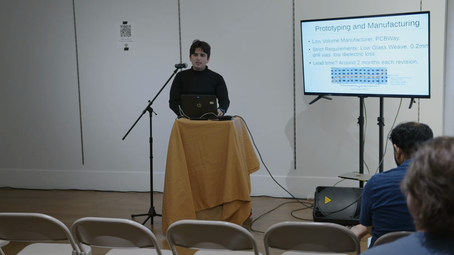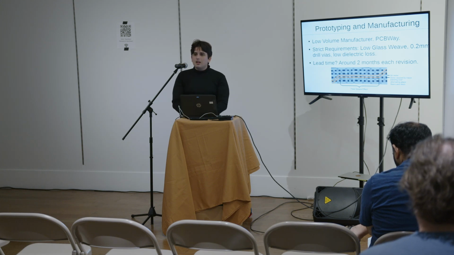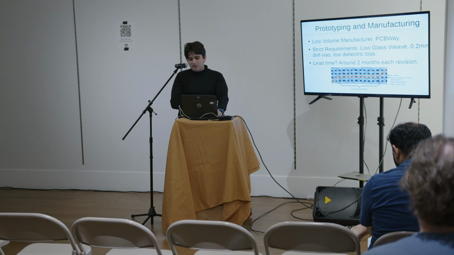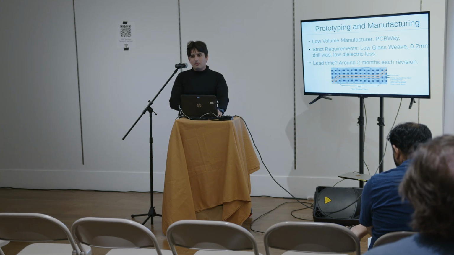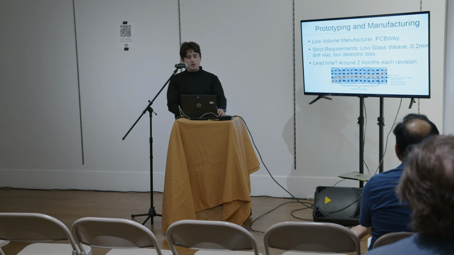Now, as for the prototyping, the manufacturing of the prototypes, we decided we wanted to use a very low volume manufacturer, so we went with PCBWay, which complied with our requirements. Some of these requirements are, for example, that we require a very small glass laminate inside the board.